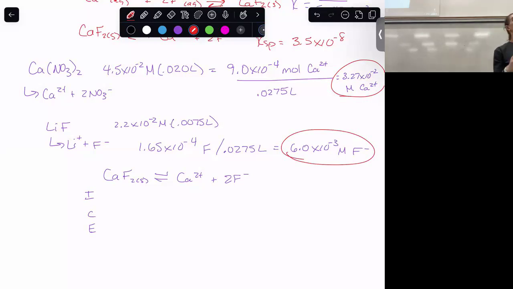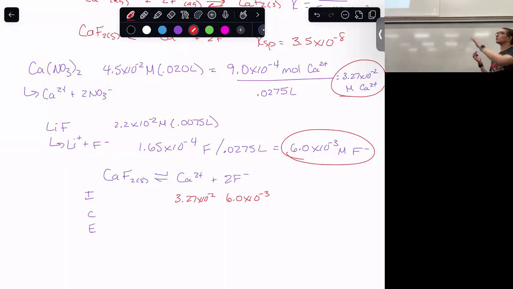We're mixing them before a reaction even happens. That is what we have in solution. So we have 3.27 times 10 to the negative 2, and we have 6.0 times 10 to the negative 3. So what can we solve for during initials? We can solve for equilibrium. But is that going to be K or is that going to be Q?